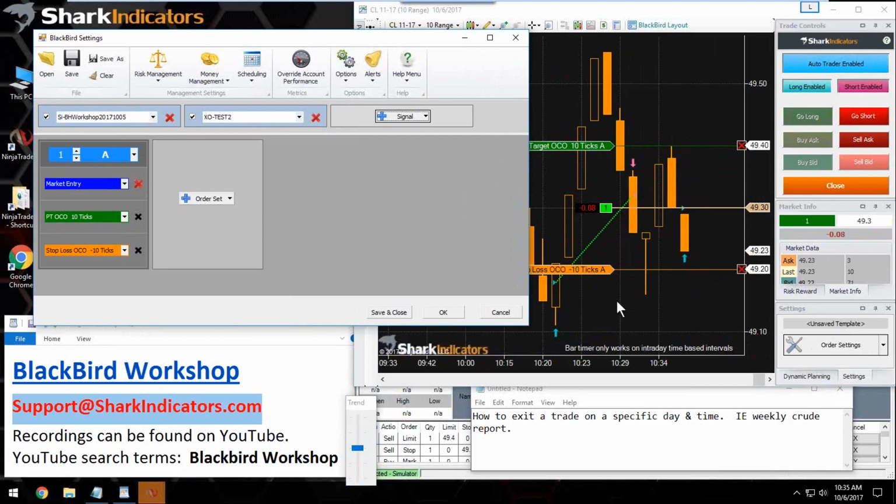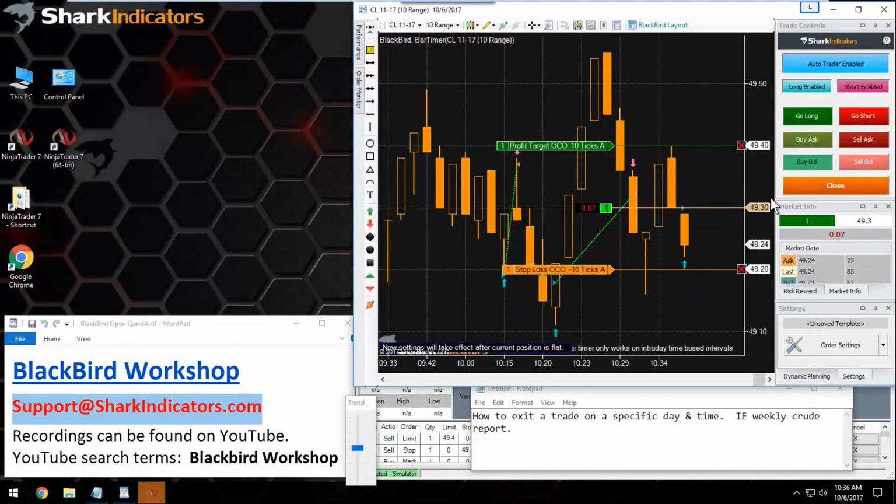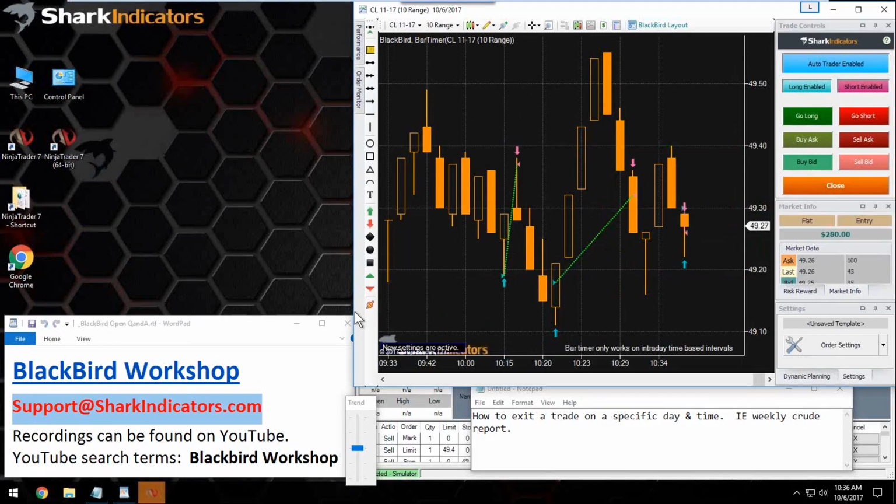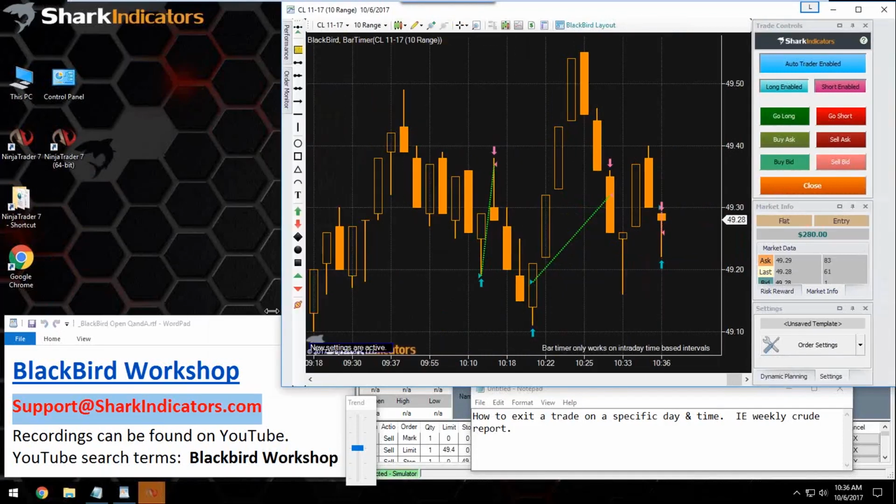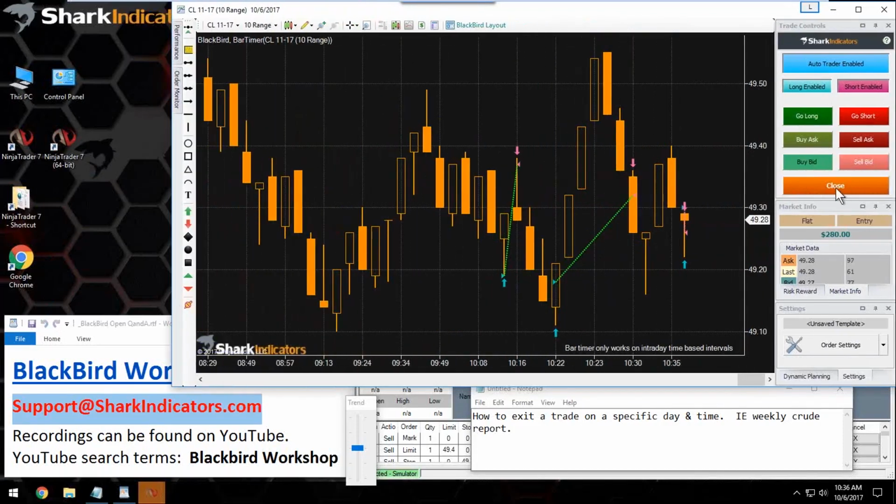NinjaTrader does require a refresh in order to get the BloodHound signals to load up on the chart. So once you've added your BloodHound templates to BlackBird, if you want to see BloodHound on the chart, make sure that your strategy's flat first.